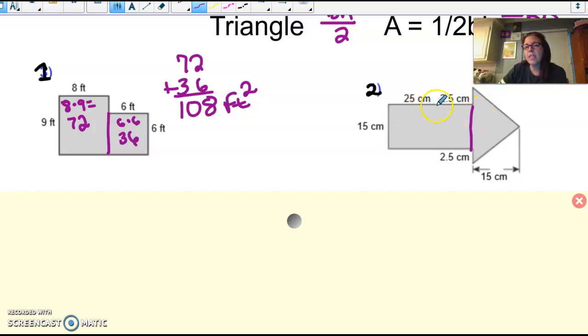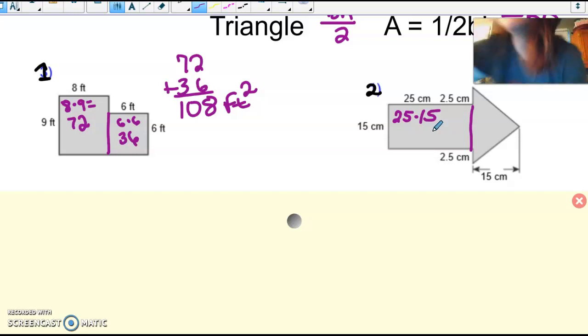Okay, so this side is 25 and this is 15. Okay, so we're going to do 25 times 15. I don't think I have my calculator over here, so I may just have to pull up my calculator. Hold on.